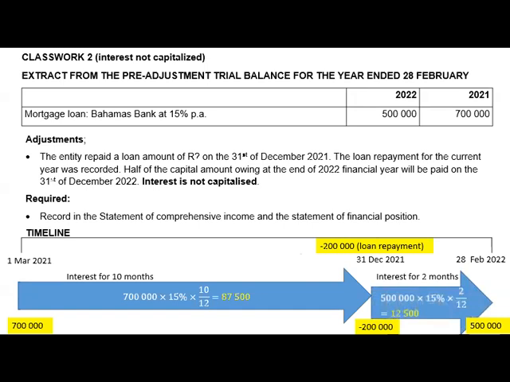So your interest for the whole year will be 12,500 plus 87,500, and that will give you 100,000. But already we have recorded interest of 50,000. So we just need to debit our interest alone by 50,000 rand. And the rest will be accrued expense. So that is outstanding interest. It's an accrued expense. We haven't paid that interest yet.